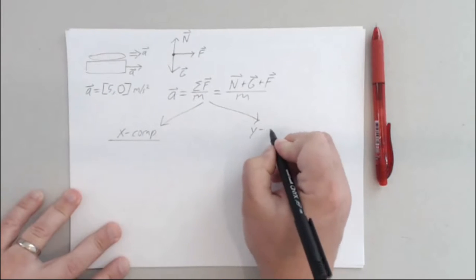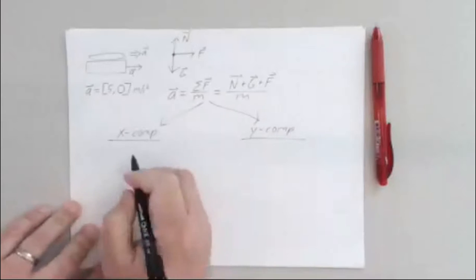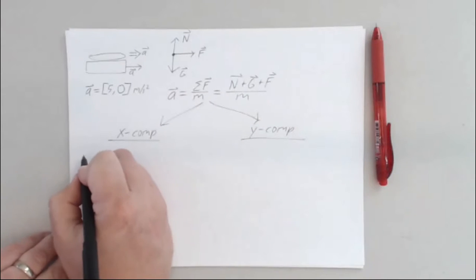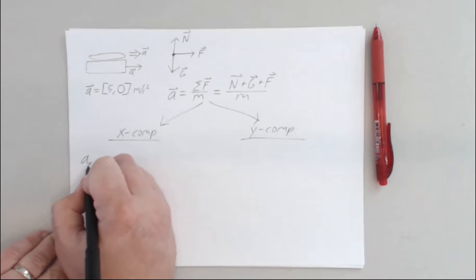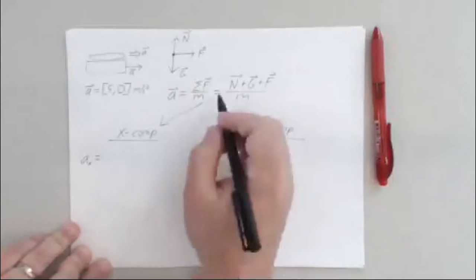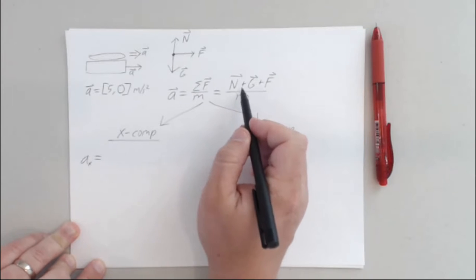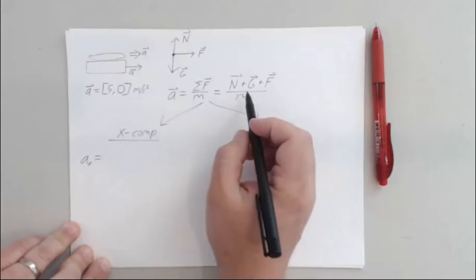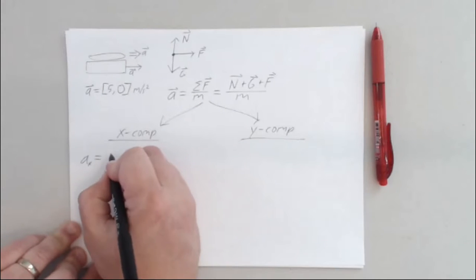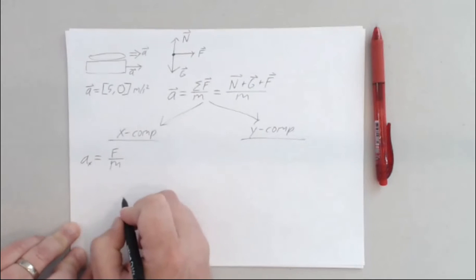We've got a Y component over here. Well, in the X direction, we know our acceleration. I'm just going to call it AX, right? And it can only be caused by the friction force because normal and gravity are both in the wrong direction, right? They're in the Y. So all we've got here is a friction force divided by mass.